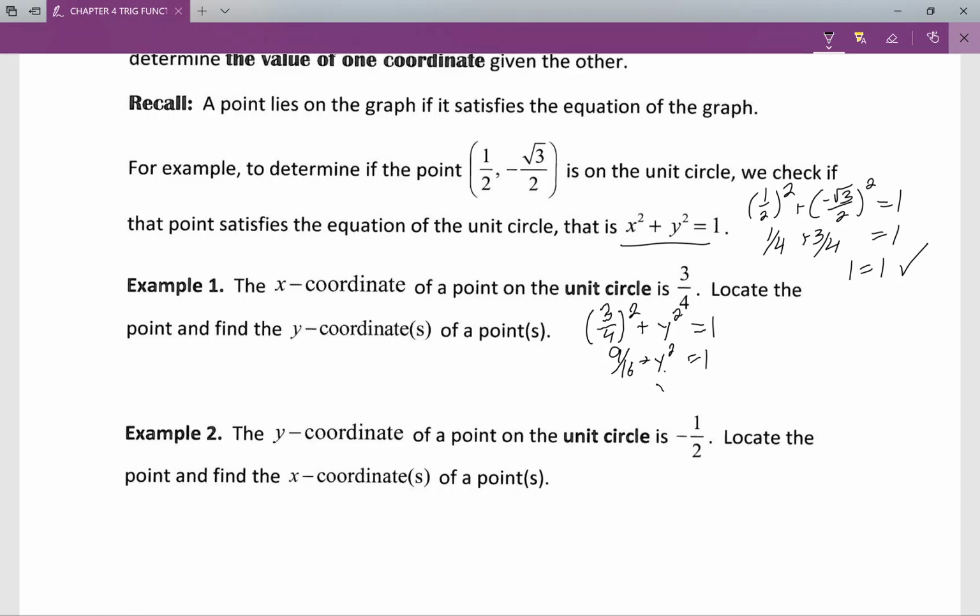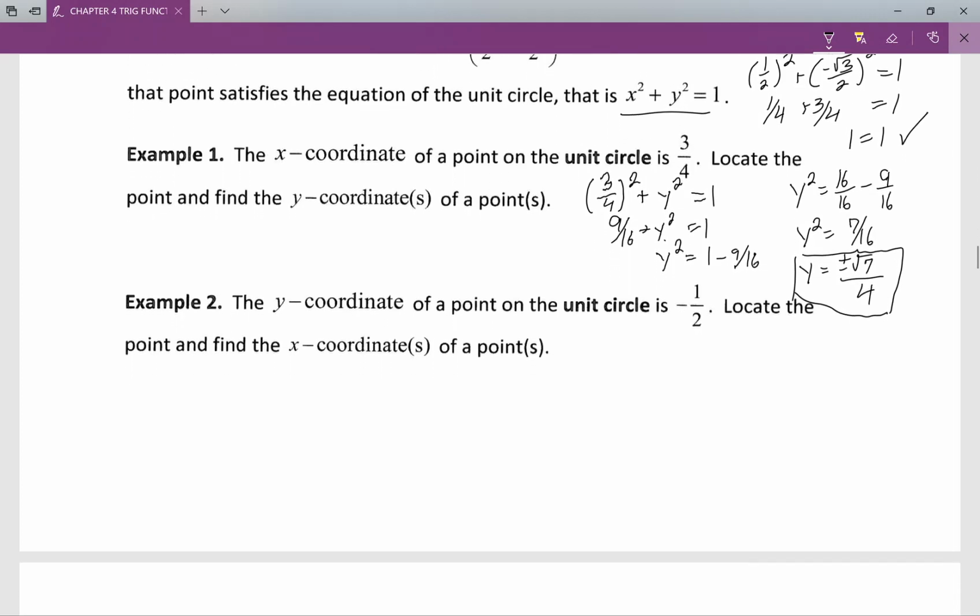I move the 9 over 16 to the other side: y squared equals 1 minus 9 over 16, which is 16 over 16 minus 9 over 16. y squared equals 7 over 16, and I take the square root. So I get y equals plus or minus root 7 all over 4.